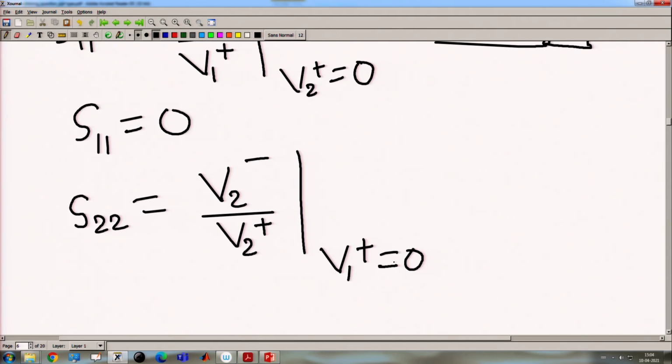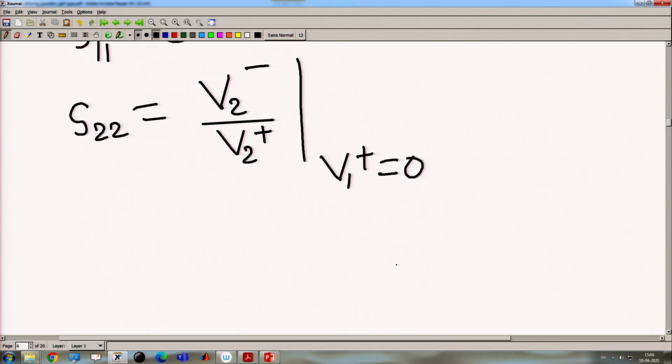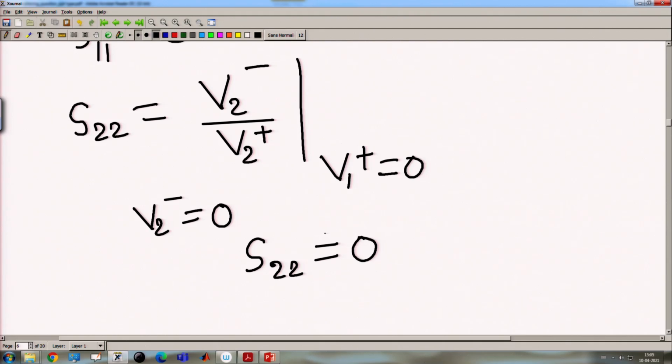Since there is no reflection from port 1 and the characteristic impedance of the transmission line is also Z naught, V2 minus equals 0. There will be no reflected wave from port 2, that means S22 equals 0.